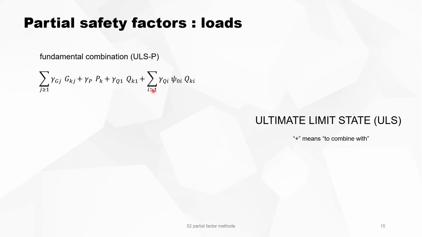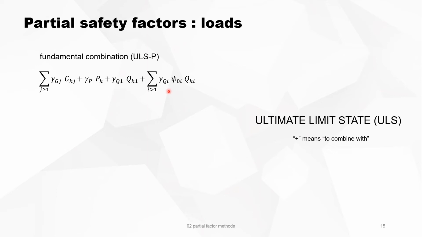Remember, for all the variable loads, the probability that they will all happen at the same time at 100% is not happening. So you have to multiply them with the psi-null factor, which is the combination value.